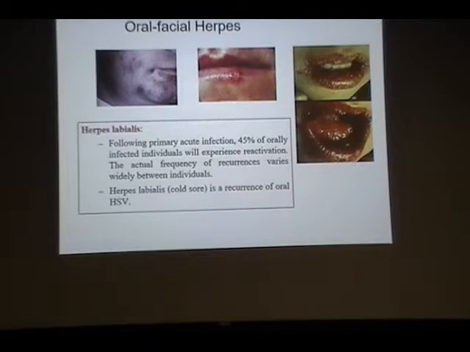The symptoms appear on your lips, tongue, and face as well. In general, it's pretty painful, and you have inflammation because your body is trying to get rid of this.